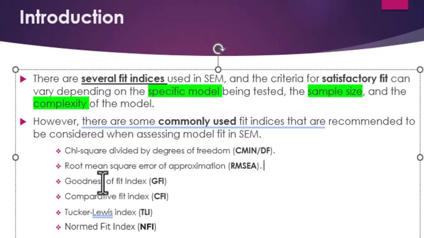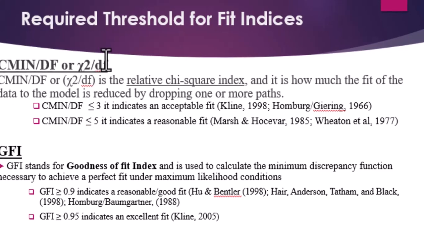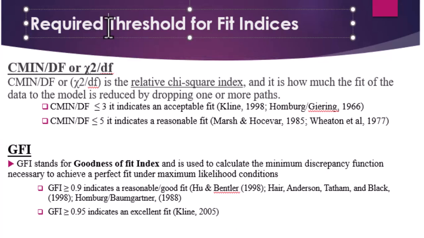The third one is called the goodness of fit index, GFI. The fourth one is called comparative fit index, CFI. The fifth one is called Tucker-Lewis index, TLI. And then the last one is called normed fit index, NFI. So we go on and we look at each one of them, and then we see the required threshold for each of these fit indices.